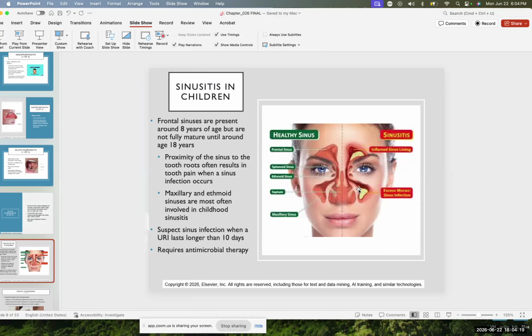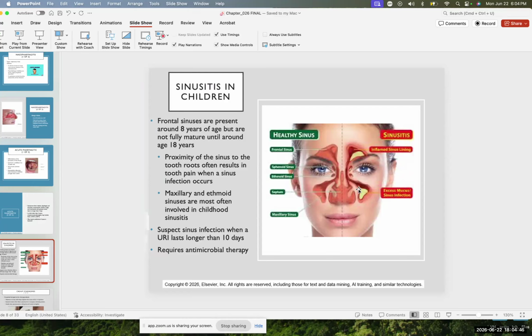Yes. And then as an NP, we'll actually take our pen light and put it to the cheek. It will illuminate if it's fluid filled there. Okay, that's another trick that we have. So sinus infection usually results when a URI, upper respiratory infection, lasts more than 10 days.